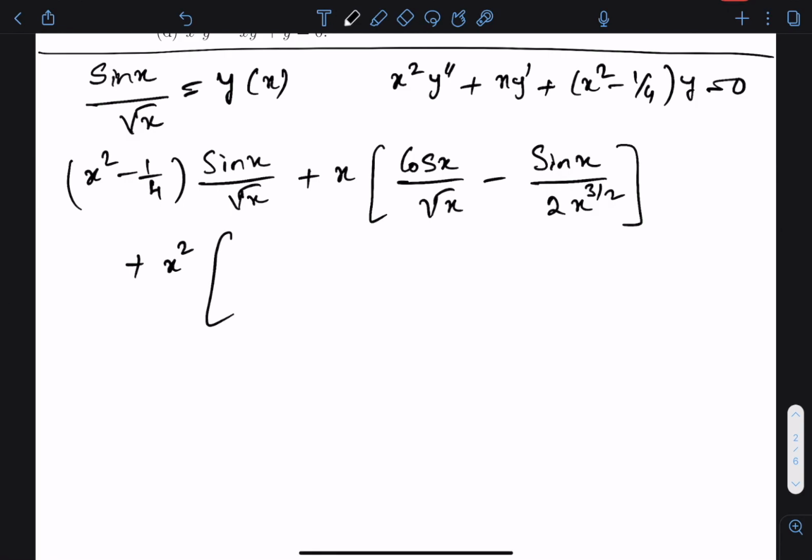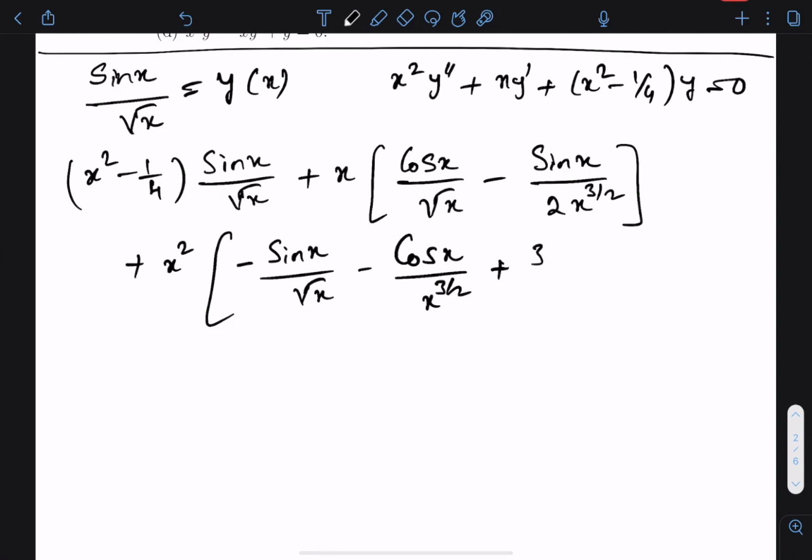So differentiate this once more, and you should get minus sine x over root x minus cos x over x to the 3/2 plus 3 sine x by 4 x to the 5/2. And this has to be 0.